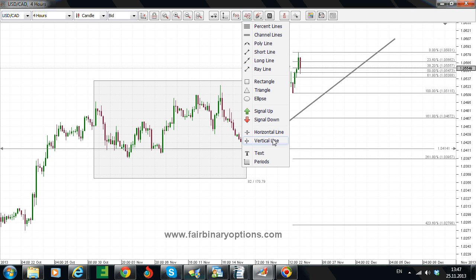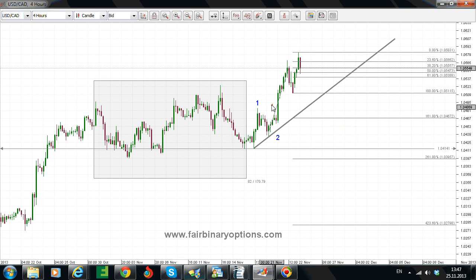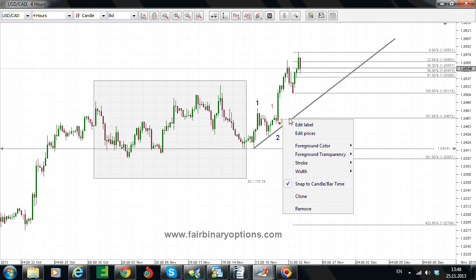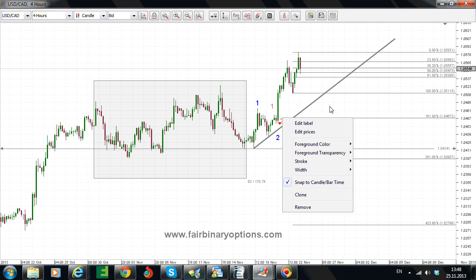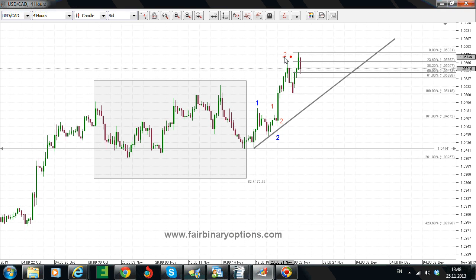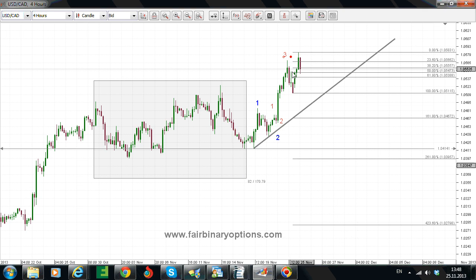So if you go and identify the lower degree structure, this would be the first wave, and this to be the second one, a third wave to the upside, 1, 2, 3, and now we are looking for a fourth wave.